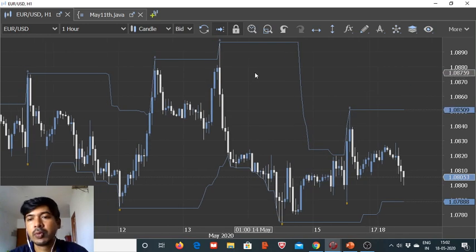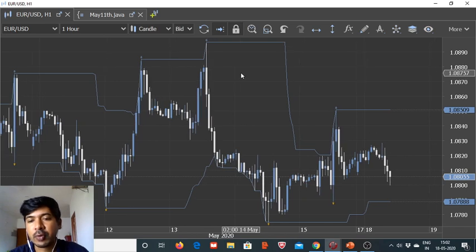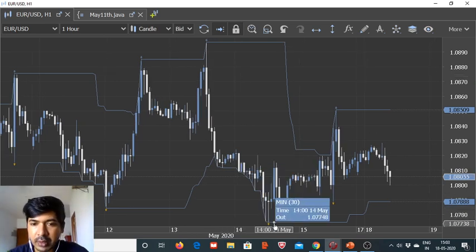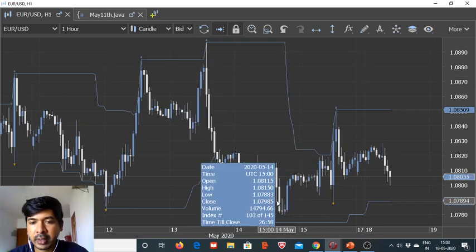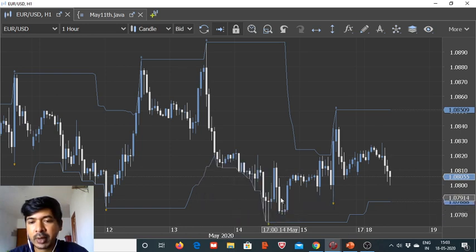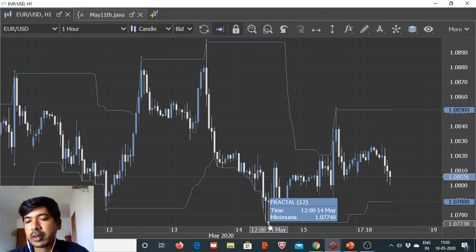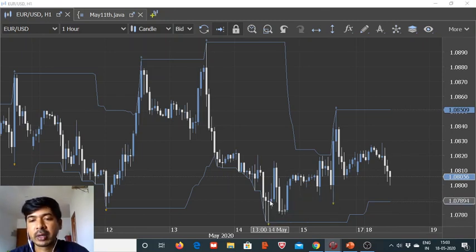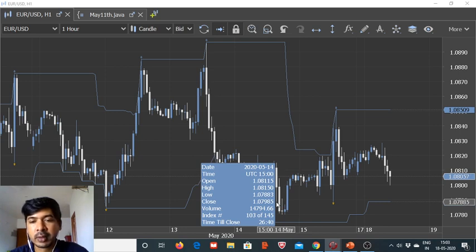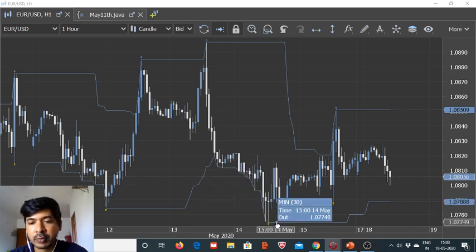So what we do, we look for instances where the current minima value, so suppose here this fractal has been formed, we consider the minimum value of this fractal, and then we also look for, so our trading can happen, means the condition will be fulfilled from 15 GMT onwards.